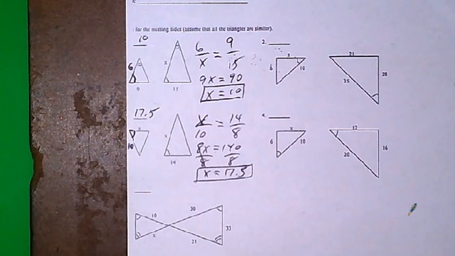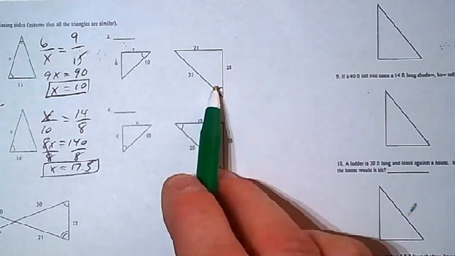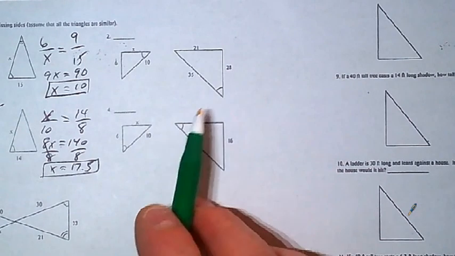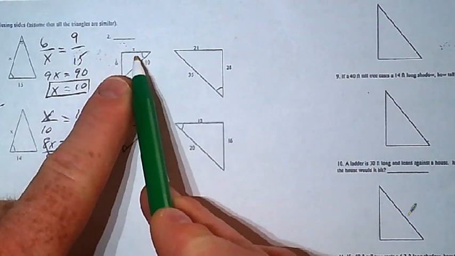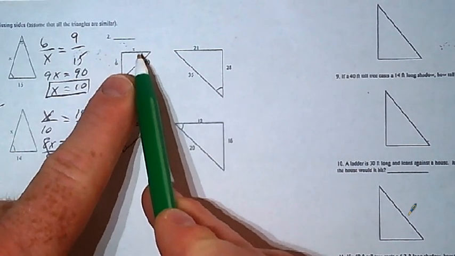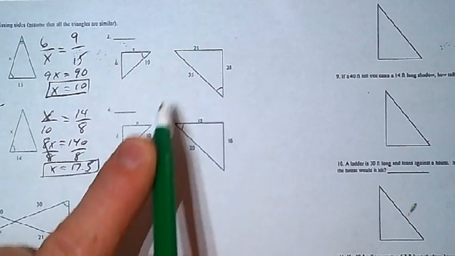All right, now it gets a little bit more tricky when you've got more than one. You've got three sides that you're dealing with, so you have to be really careful with these angles. Notice that the 10 and the x are the sides that make this angle. Which sides over here make the angle? 35 and 28.